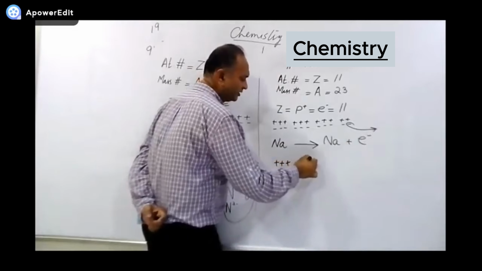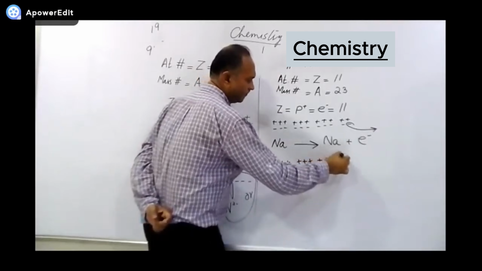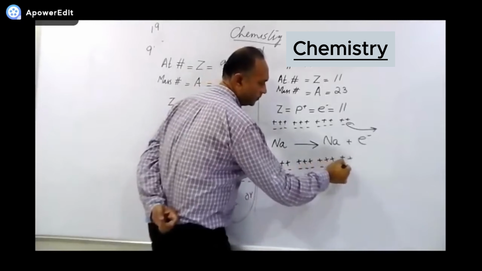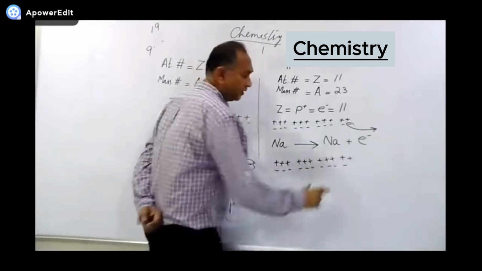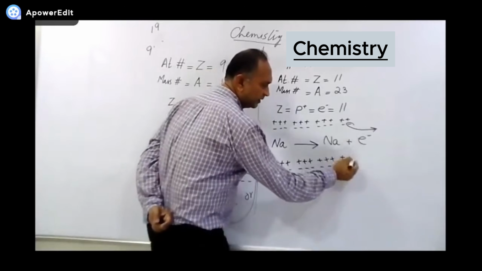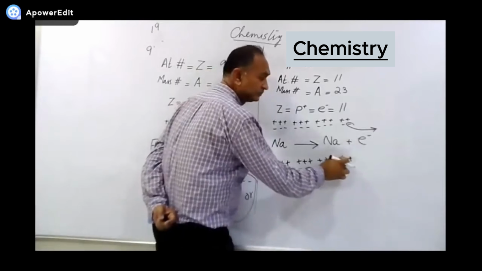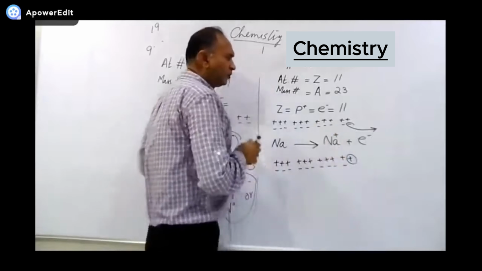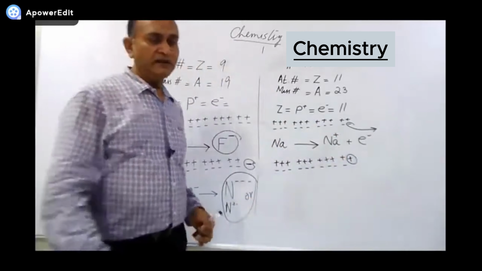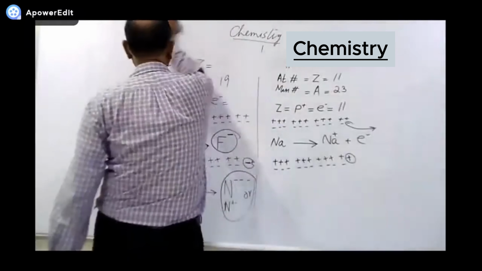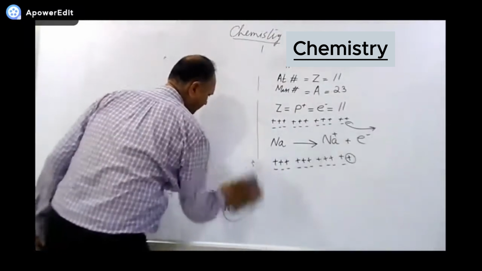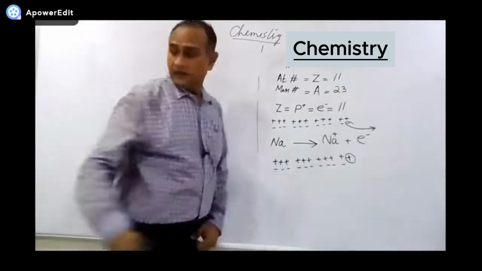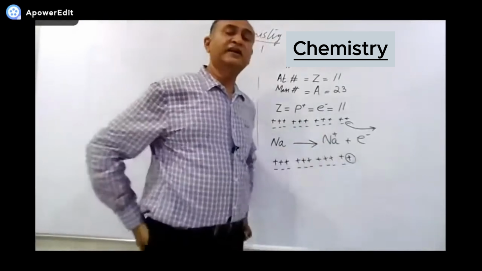Protons are not changed, but electrons are. So this is an unbalanced plus. This extra plus will be shown over here. So what do you mean by this Na plus? It means that this atom has lost an electron.